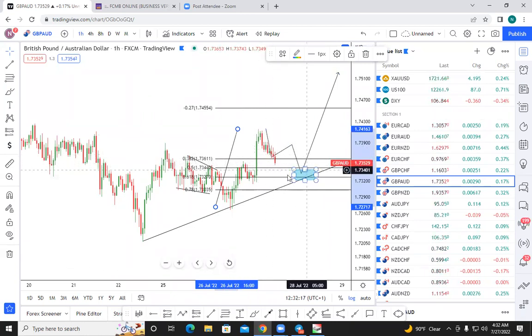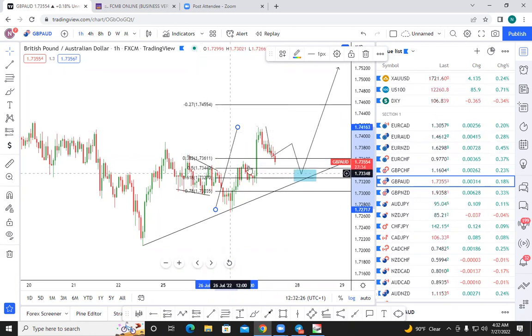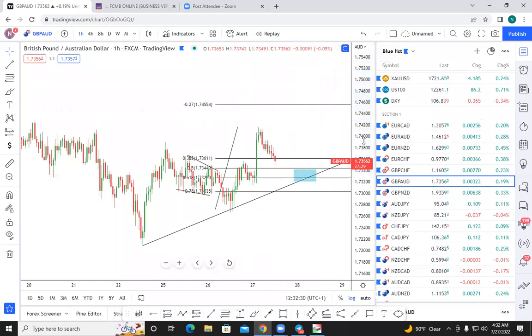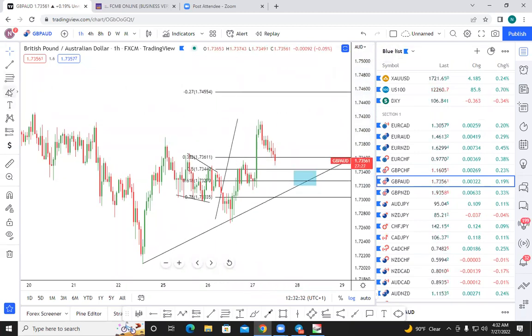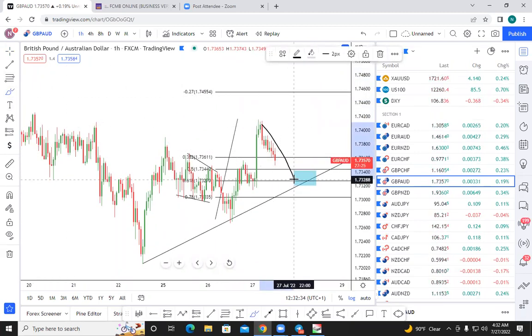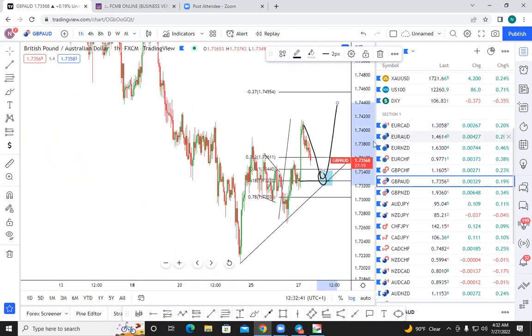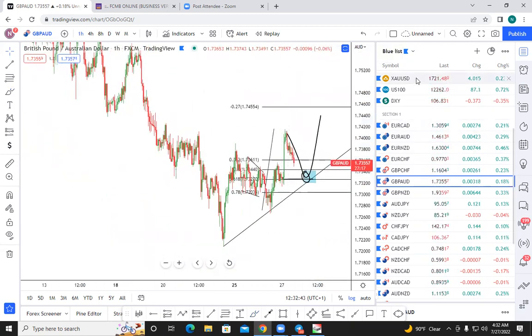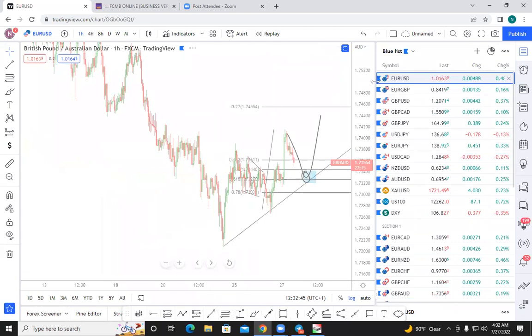No, let's leave it and see its possibility of pushing down a little. But ultimately, it's going to make a move to the upside at this level. Let's see how it will go. Let's just leave it. So let's go back to euro dollar, guys.